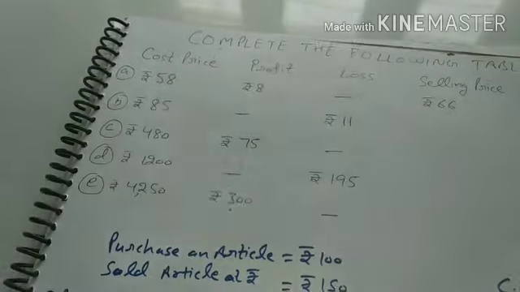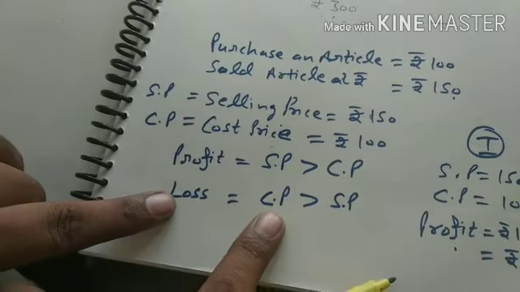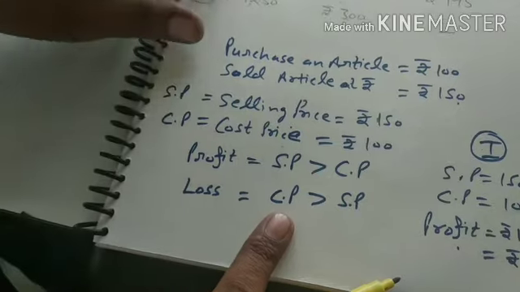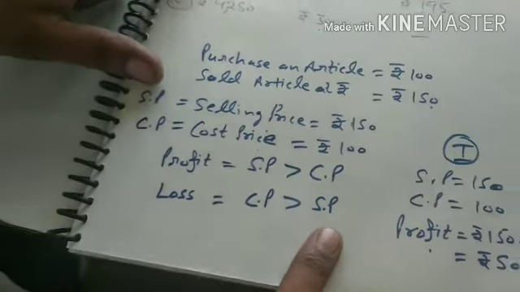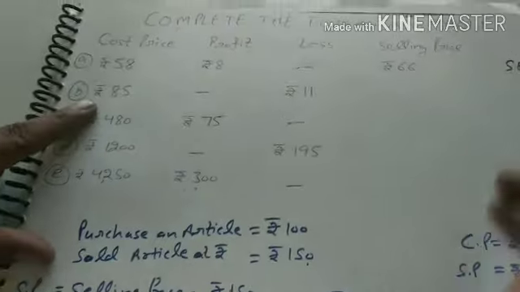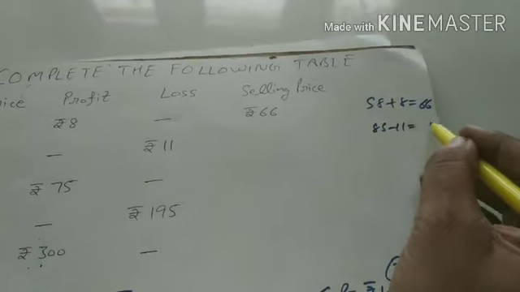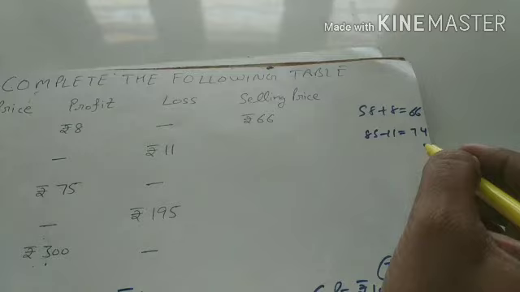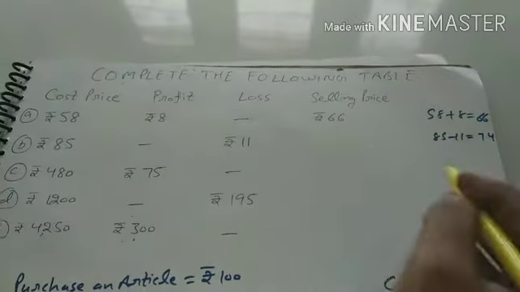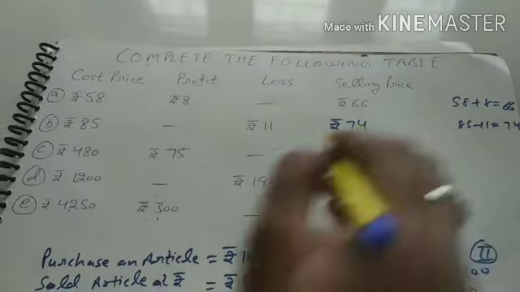In the case of loss, cost price will be greater, and selling price will be less. So how will I make the selling price less? By subtracting 11 from 85. So the answer is rupees 74.